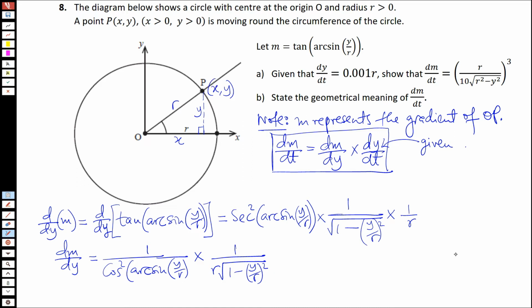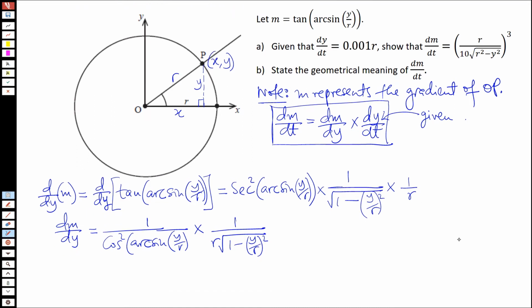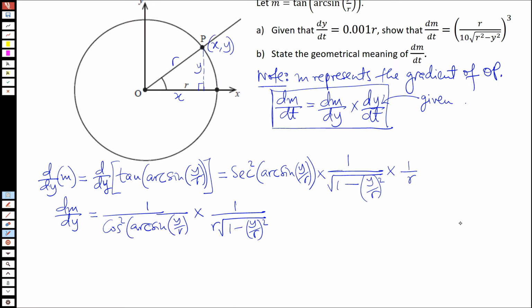Okay, so now what I want to do here is, let's think about this triangle here. I want you to think about this triangle because I want to use it to do some analysis.